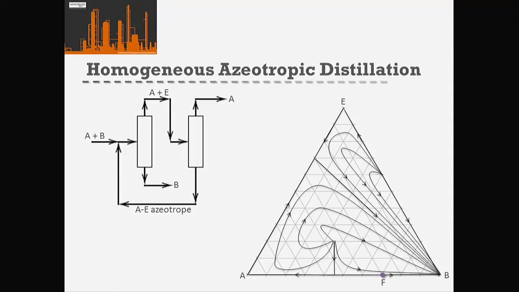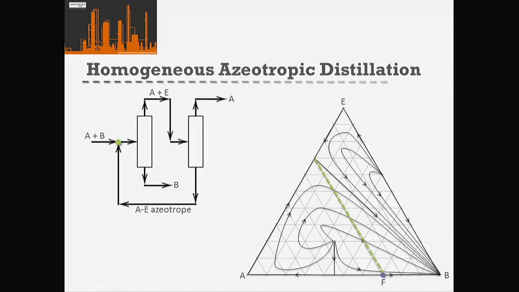But what is possible is this azeotrope between our component A and our entrainer. So instead of recycling the pure entrainer, what if we recycle this azeotrope? It's got quite a lot of entrainer in anyway. We're recycling it so we're not losing it from the system.